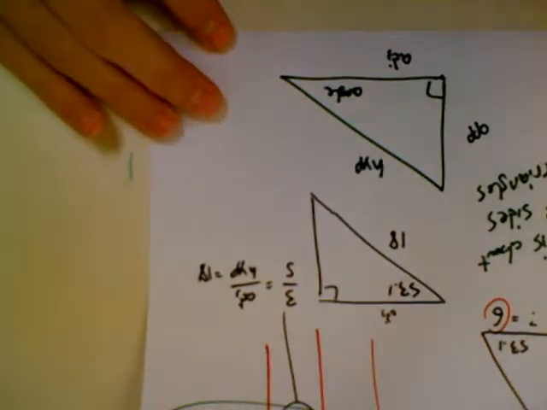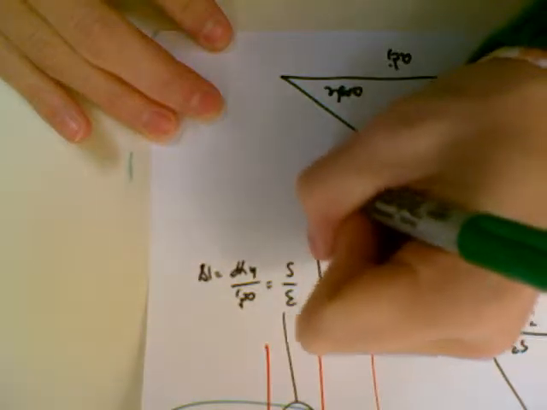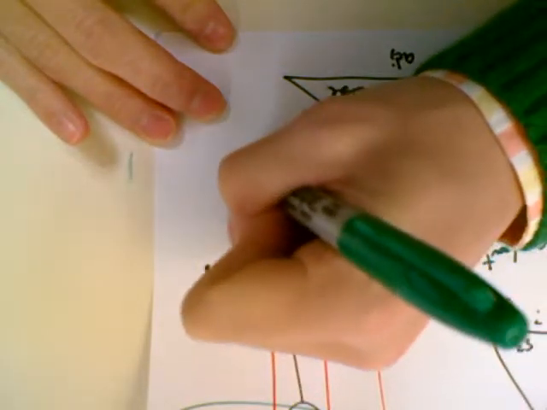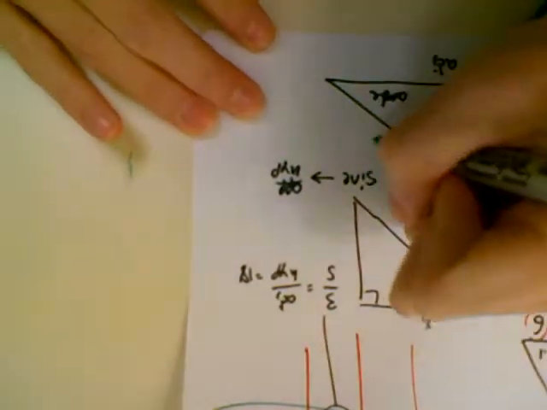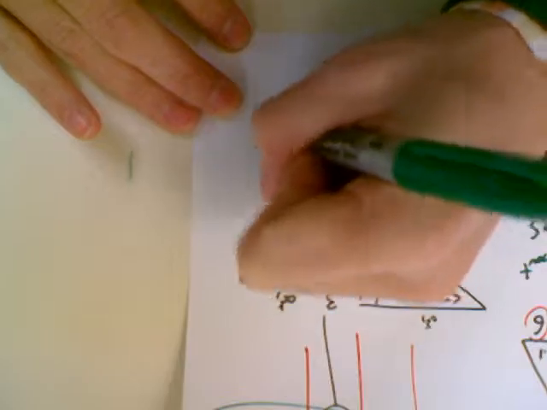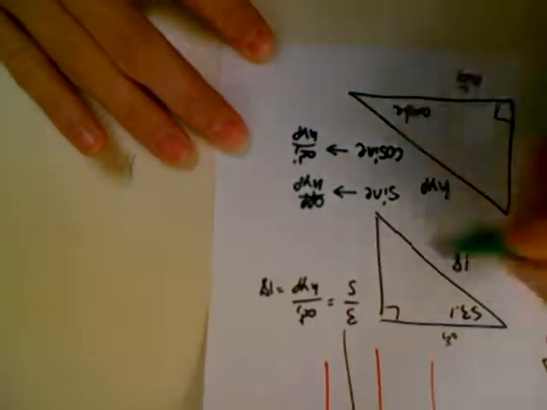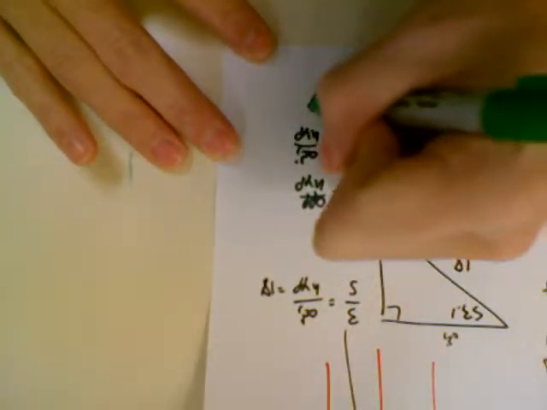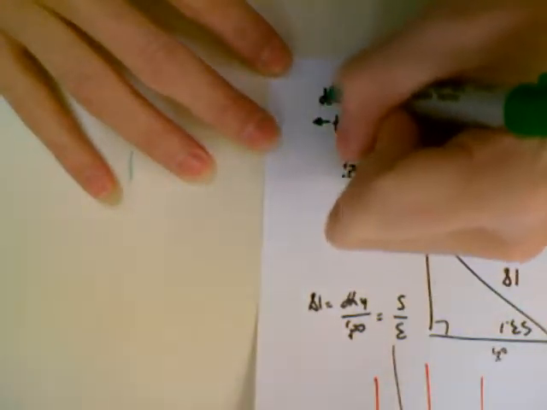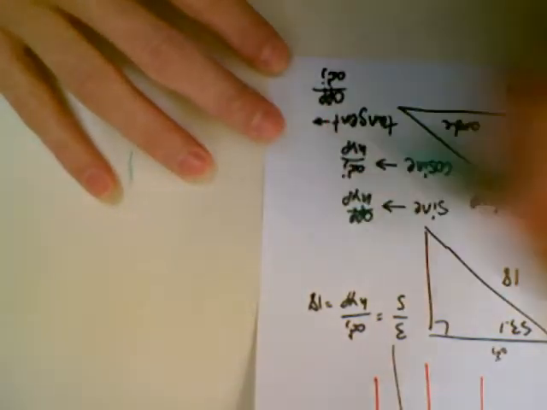So we label those: sine, we use for the opposite and the hypotenuse. We use cosine for the adjacent and the hypotenuse. And then we use what we call tangent for the opposite and the adjacent.